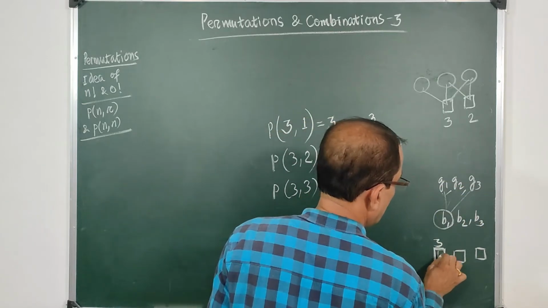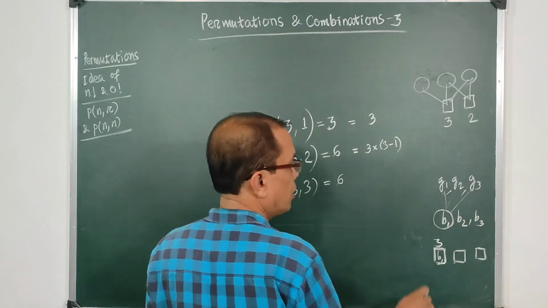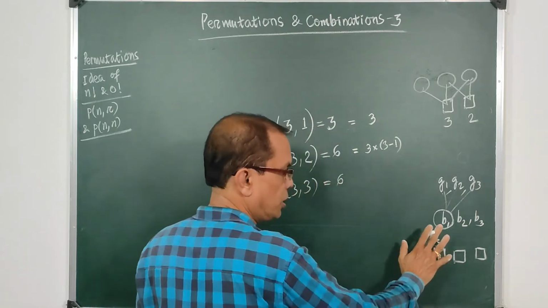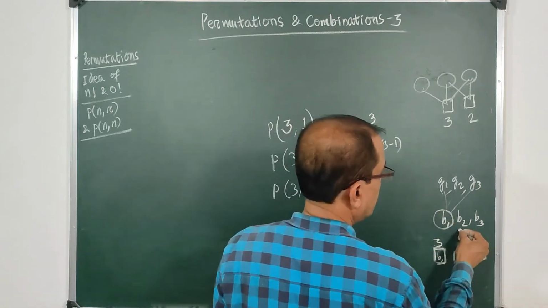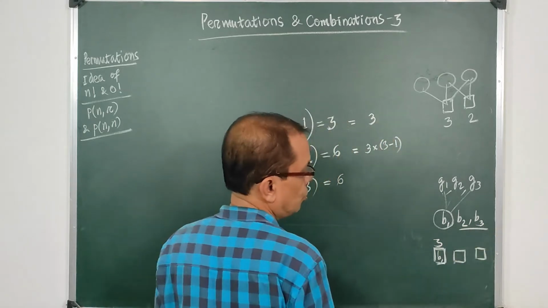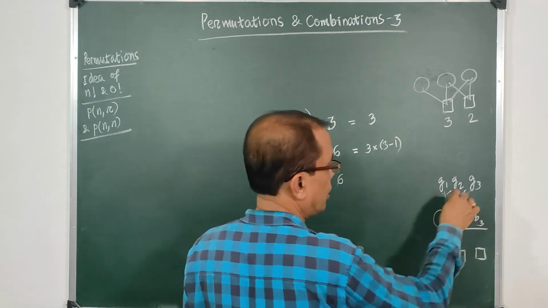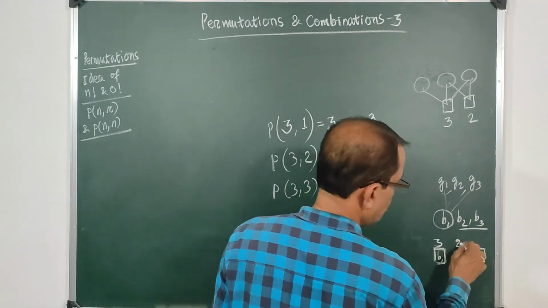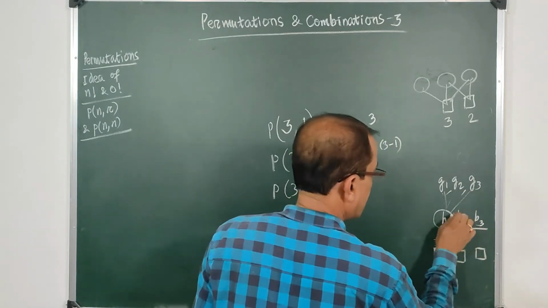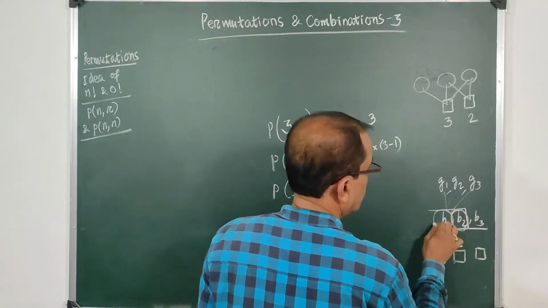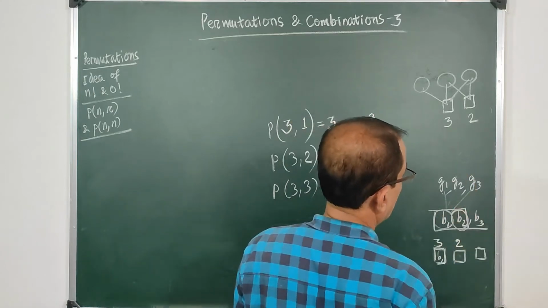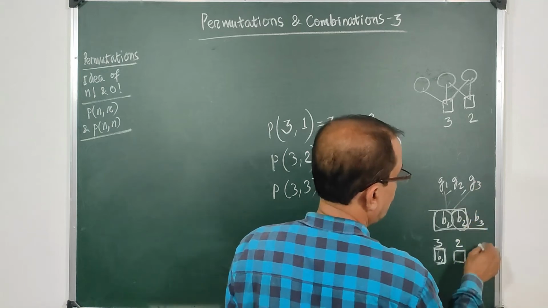So B1 has 3 choices. After the first boy is chosen, the boys left are 2, and one girl has already chosen. So there are 2 girls for this, and after the second boy is also chosen, the boys left is 1 only, and the girls left will also be 1.